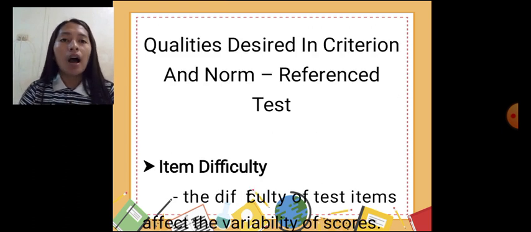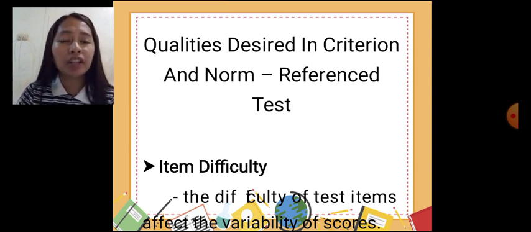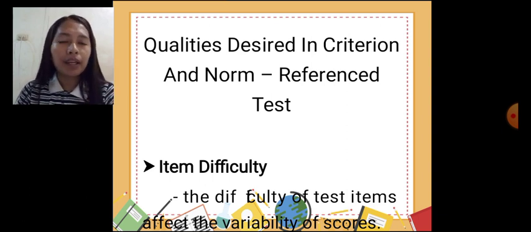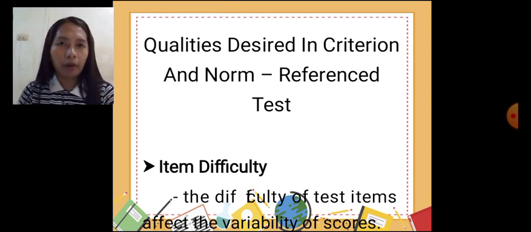Next, according to Gabuyo 2012, the qualities desired in criterion and norm reference tests include item difficulty, sensitivity to instruction, and the number of items needed to measure student performance.